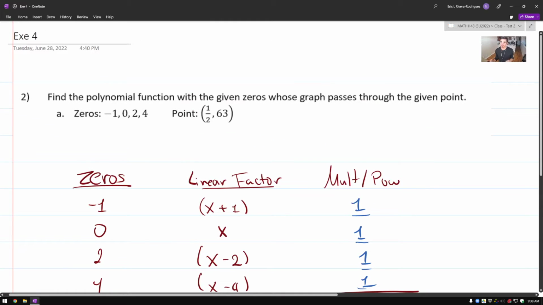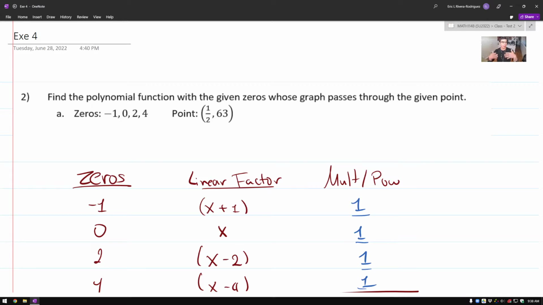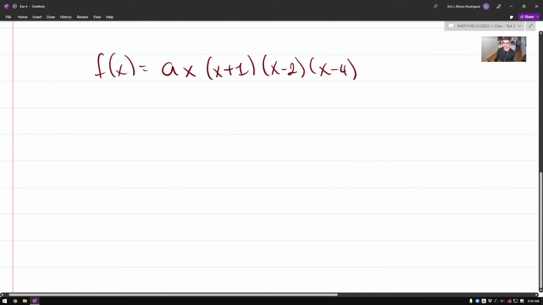So this exercise has something different, and that is that a point is given. There is a point for this polynomial. So the degree is not a requirement for this polynomial, but rather a point of this polynomial. With this point given, we can find the value of the leading coefficient. And this is how we are going to do it.